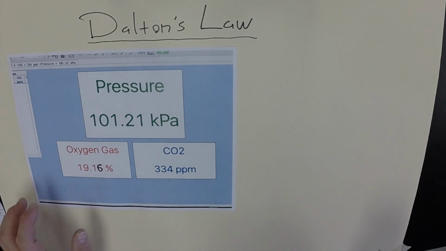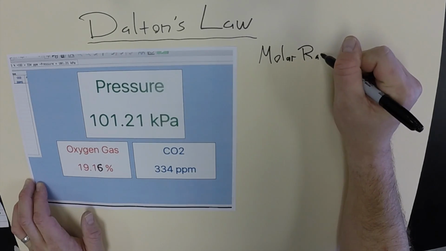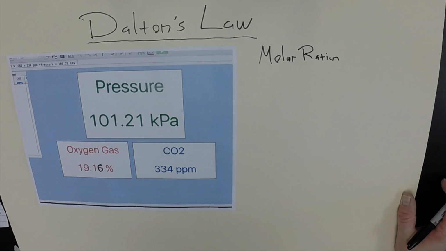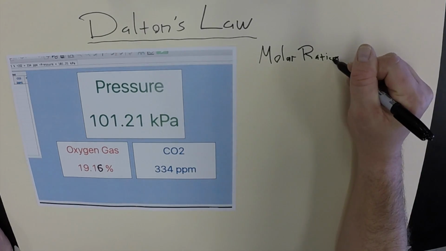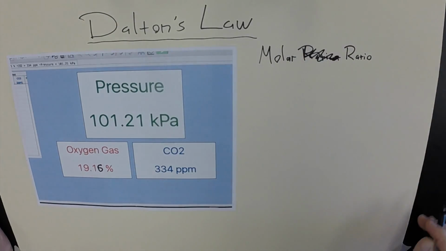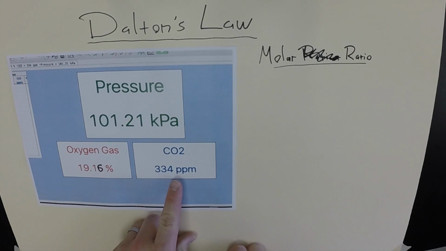Now, what we're going to use here is something called the molar ratio, which is a fancy way of saying, what are the ingredients of our mixture of air? In this case, what are the ingredients of the atmosphere by how many parts they make up of the atmosphere. That's the molar ratio. With our oxygen percentage and our CO2 parts per million, we can make a simple ratio.